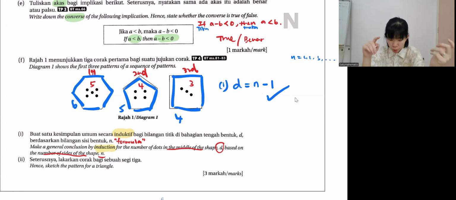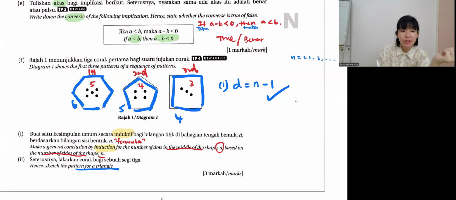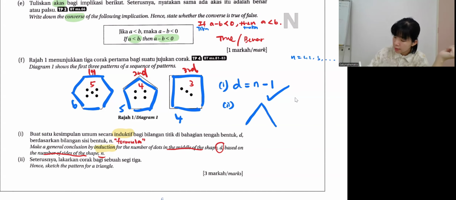Okay, so now part 2, sketch the pattern for triangle. Okay, part 2 need to sketch triangle. Triangle is 3 sides. Okay, guys, draw together. Okay, we draw triangle. Then what is the number of dots in this triangle?